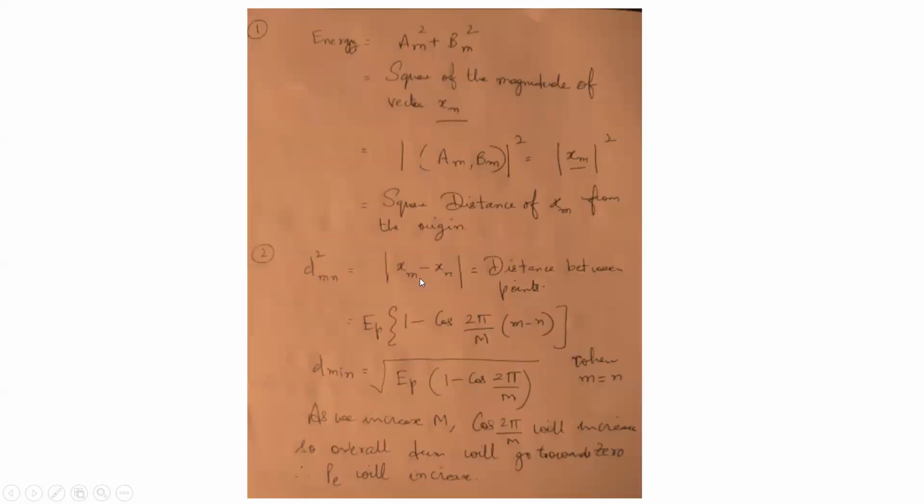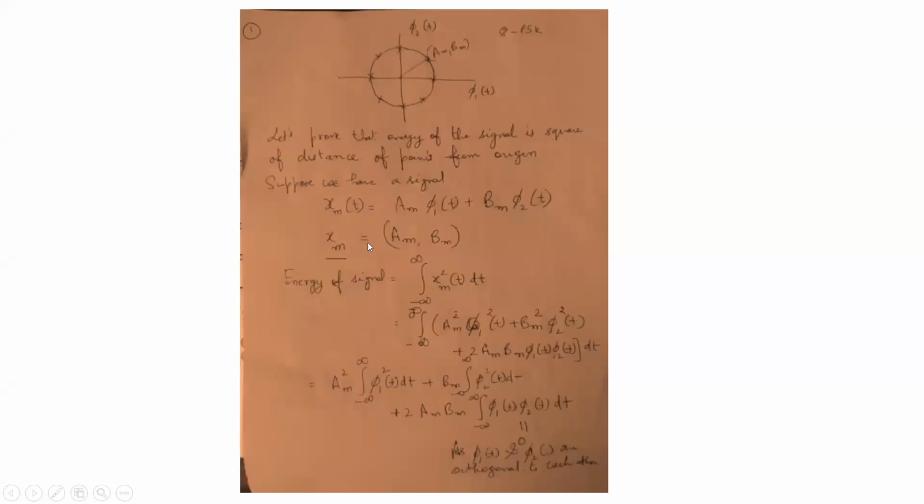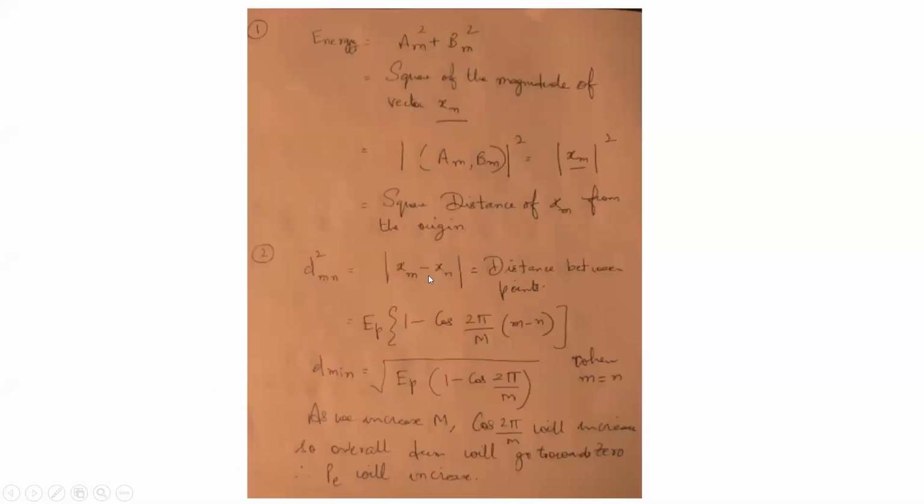What are the coordinates of a point? The coordinates are given by these: cos of 2 pi m by M times root Es by 2, sine of 2 pi m by M times root Es by 2. So I am taking 2 points. One point is m, the other point is n as an index.